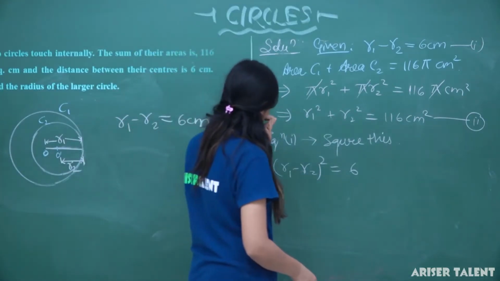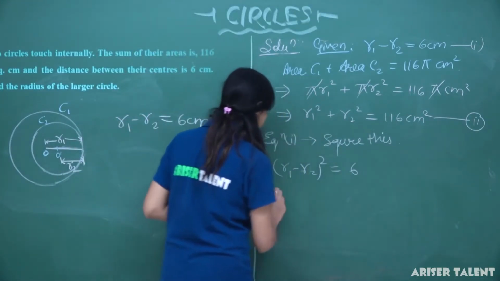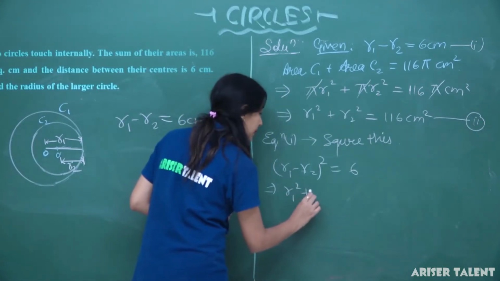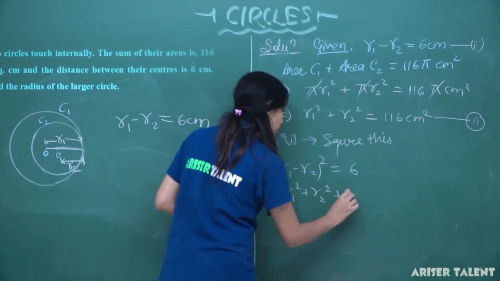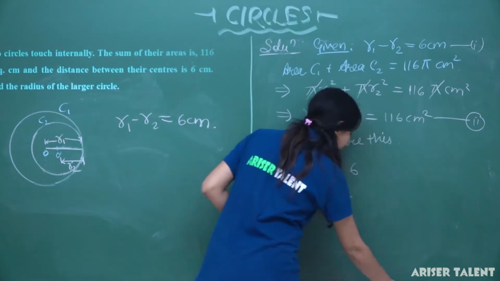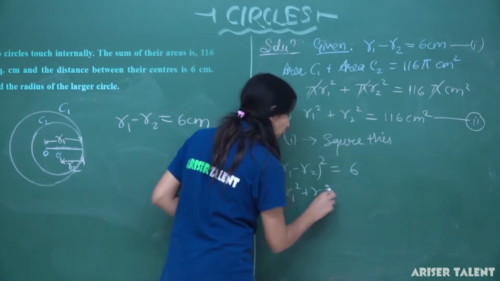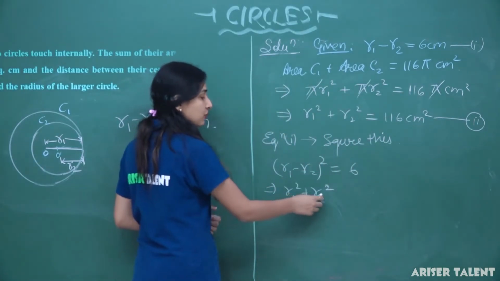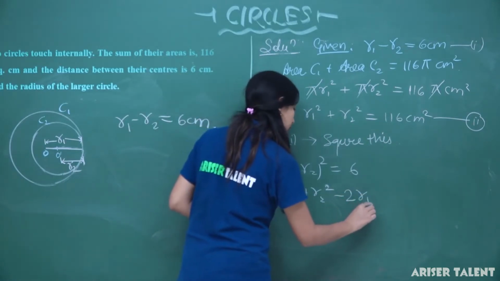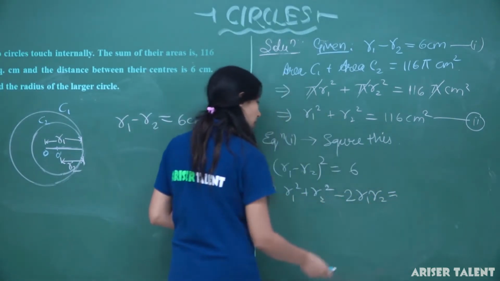Okay. That will be equal to what? This implies r1 square plus r2 square, sorry, it's minus because it's minus 2ab. By the formula a minus b whole square, a square plus b square minus 2ab.